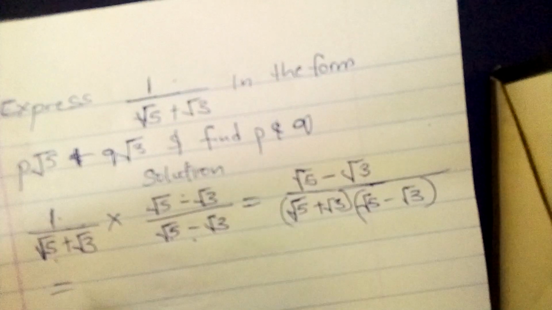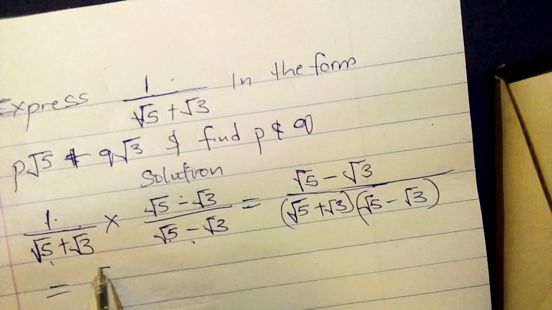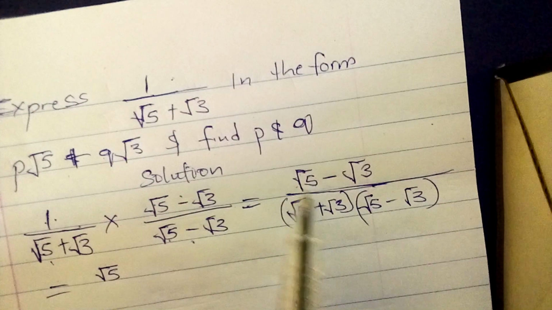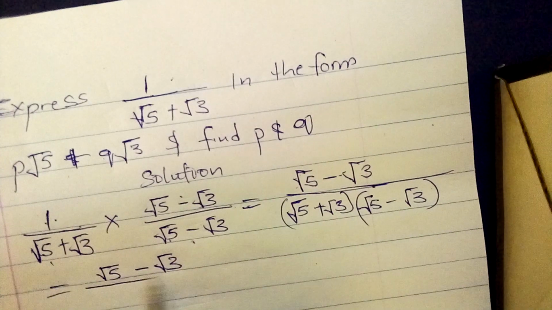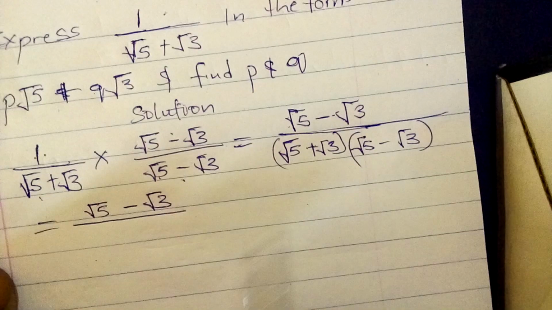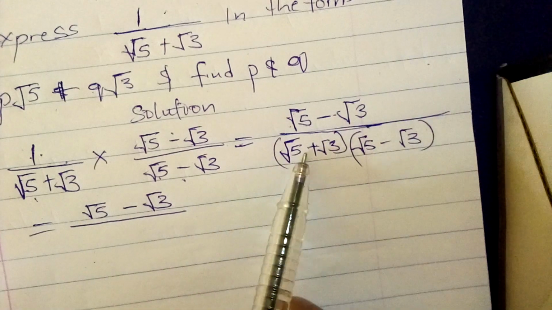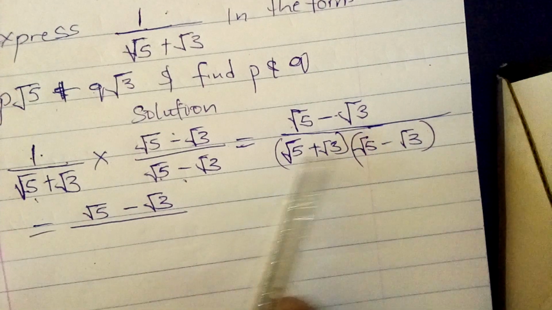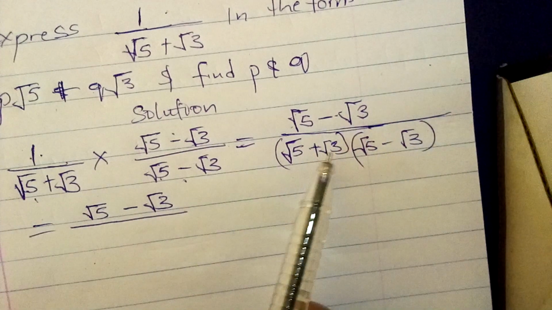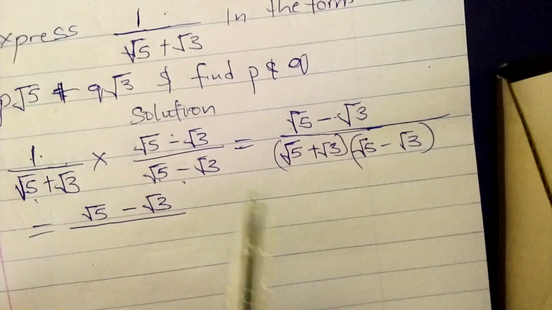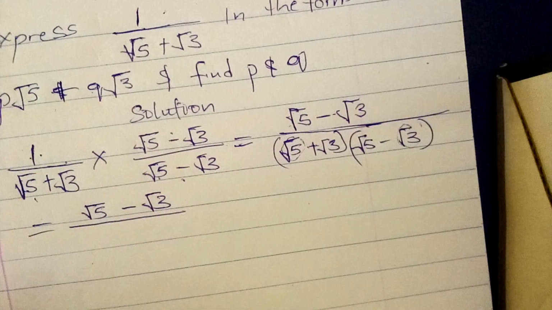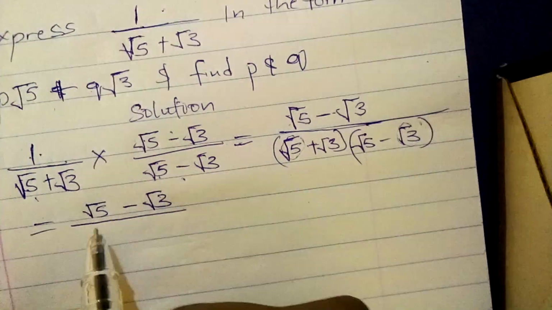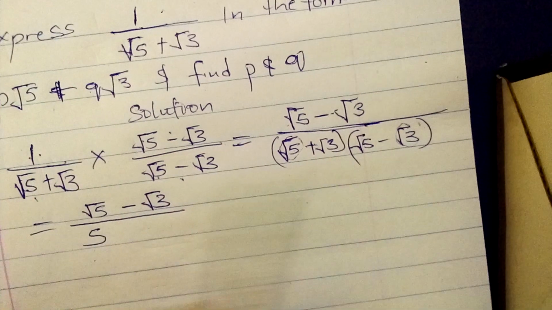According to what I told you previously, we are going to have the first one, root 5 minus root 3, all over. Remember that whenever you are multiplying surds that are conjugate, we are going to focus on this first part here and this last part here. So now this one will give me 5, while this one will give me 3.